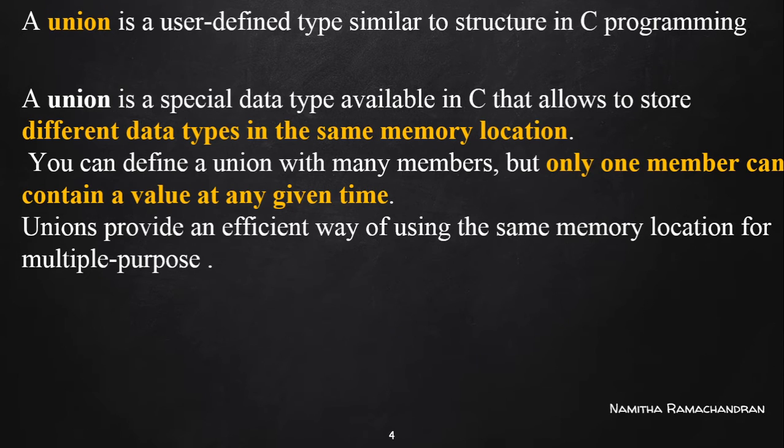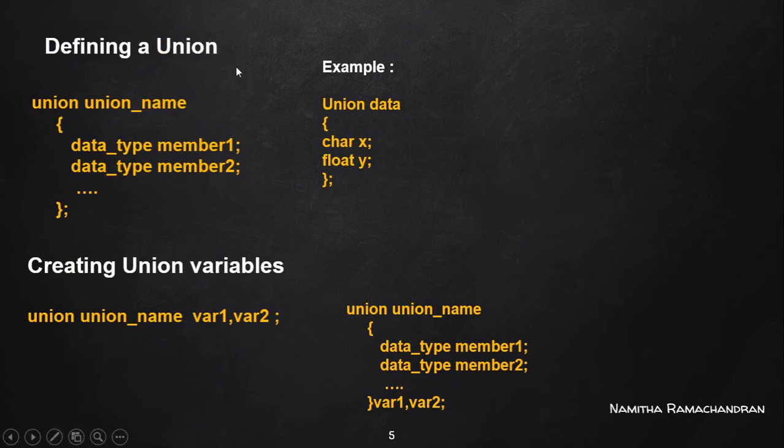A union provides an efficient way of using the same memory location for multiple purposes. So using a union, we can effectively utilize the allotted memory space at certain times. Consider the definition of a union. Just like the structure definition, here we use the keyword union.